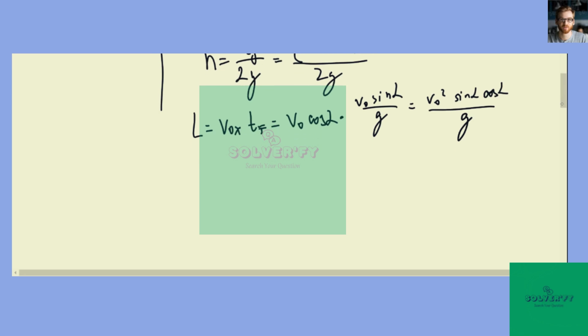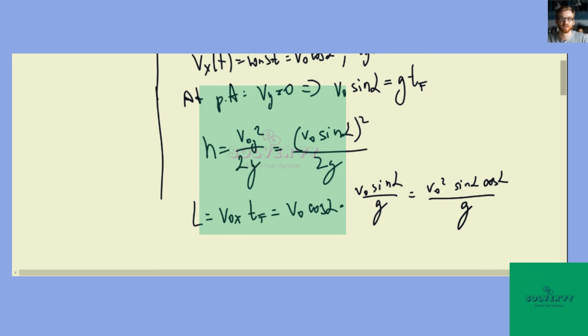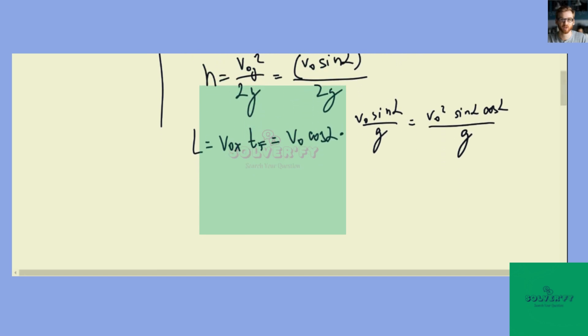Okay, let's write down the system of two equations now. The first equation is h equals v0 sine alpha all squared over 2g.